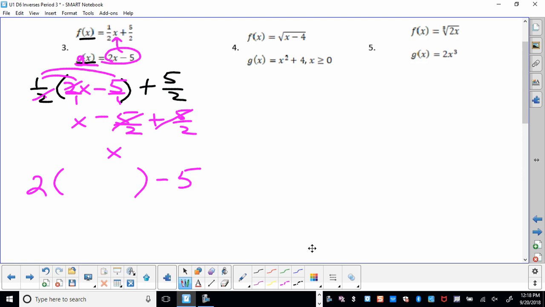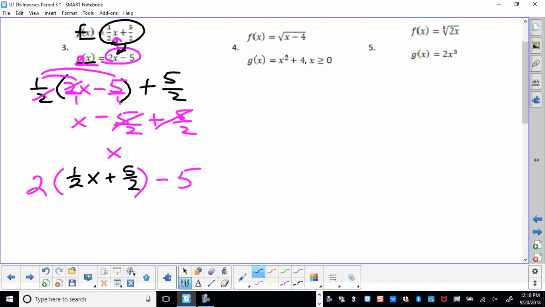This is pink. So there's g, and now we're going to put f inside. So all of where I see an f, that's going to go in for x. So we'll put 1/2 x plus 5/2. So there is f, that's the black function, into g, which is the pink function.